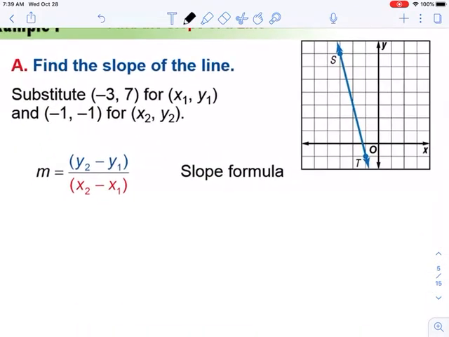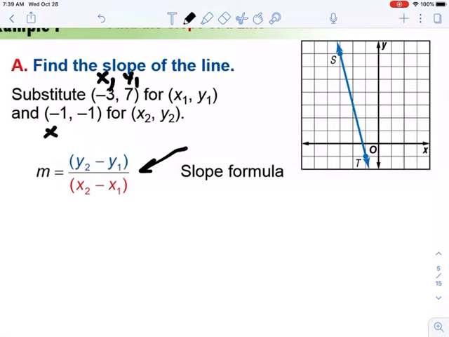Find the slope of the line passing through these 2 points, S and T. Here is our slope formula. S is this point, negative 3, 7. T is this point, negative 1, not that it matters. What I would do is, because this one's written first, I'll call this x sub 1, y sub 1.